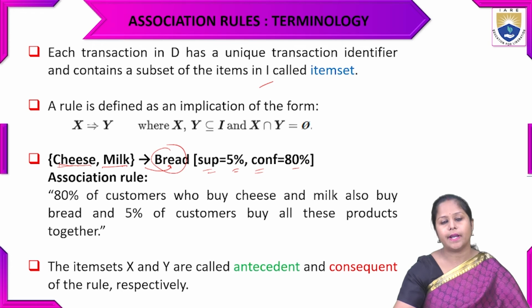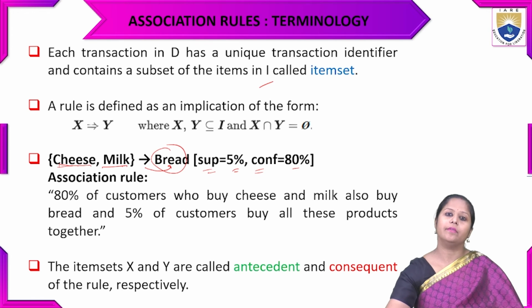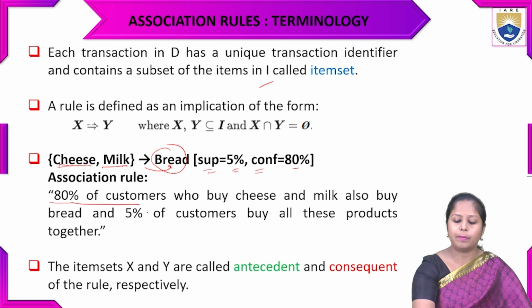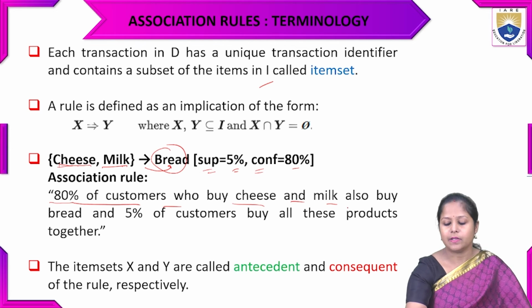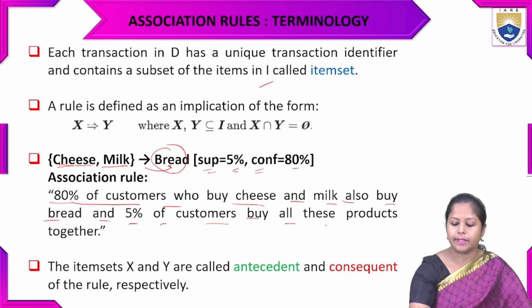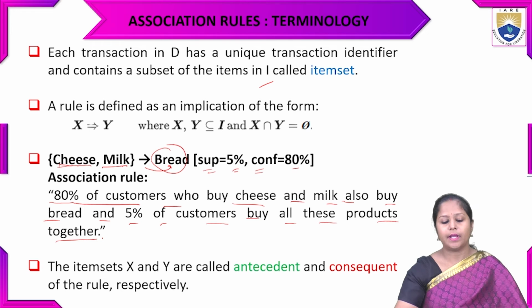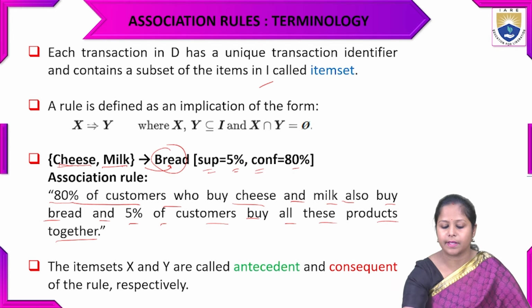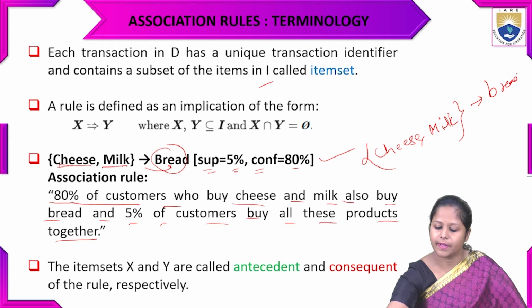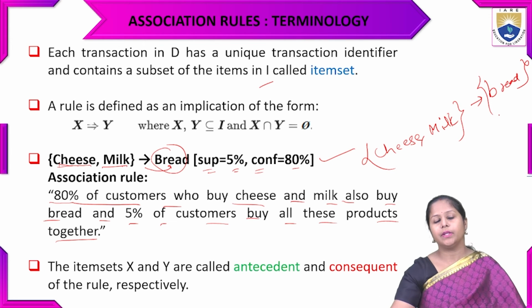So we can write the association rule for that in words: 80% of customers who buy cheese and milk also buy bread, and 5% of customers buy all these products together. That is the association rule for this single line, having cheese and milk, the two item set together, that depends on bread. That will be the association rule generation for that single line.